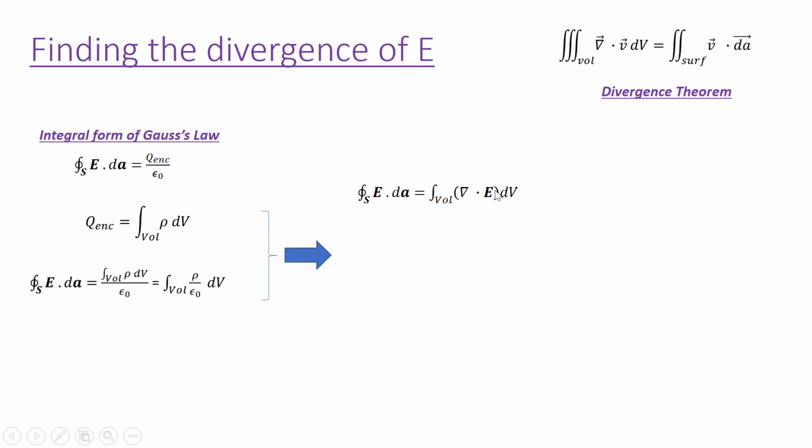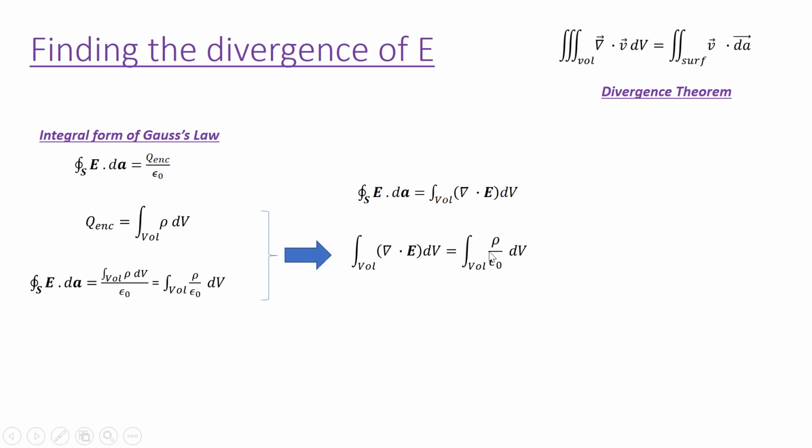But from what we've just seen, the surface integral of the electric field is also equal to the volume integral of rho over epsilon naught. So the volume integral of the divergence of E, from the divergence theorem, is equal to the flux, but the flux is also equal, by Gauss's law, to the volume integral of rho over epsilon naught.